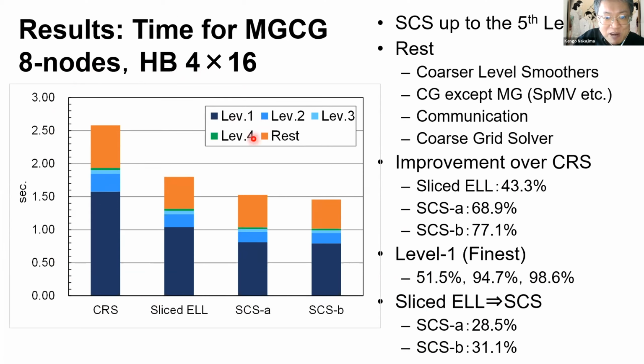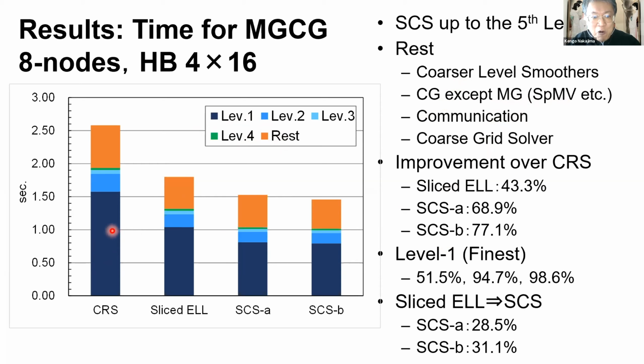Level 1 to level 4 means the smoother at each multigrid level, and level 1 is the finest one. You can see that most of the computation time is spent on the level 1 smoother. The rest is the coarser level smoothers and the conjugate gradient part except multigrid, including sparse matrix-vector multiply, communication, and the coarse grid solver.